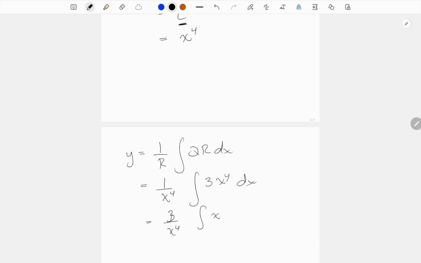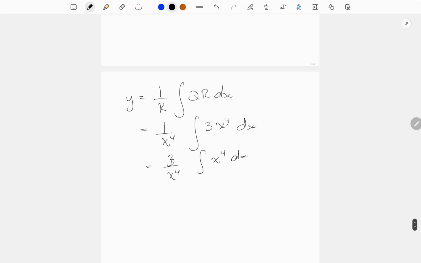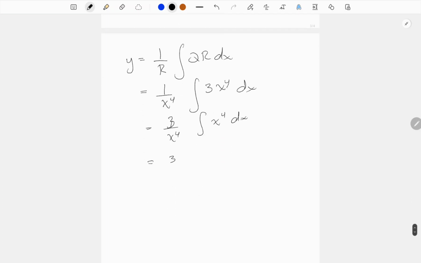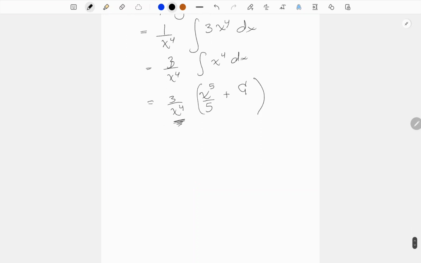What is the integral of x to the 4 dx? That's 3 over x to the 4 times x to the 5 over 5 plus some constant. This constant matters now, because it's being multiplied by 3 over x to the 4. So make sure that one is clear.